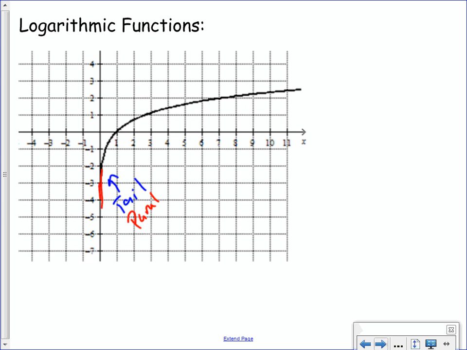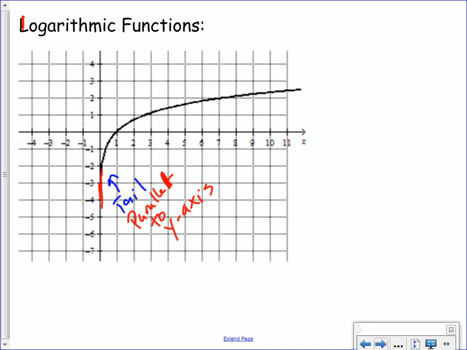But if you see that tail extending a little bit, and notice that the tail is parallel to the y-axis, in other words, it's straight up and down, that's the logarithmic. So think of the long part of the L in logarithmic. That's how you know it's a logarithmic function.